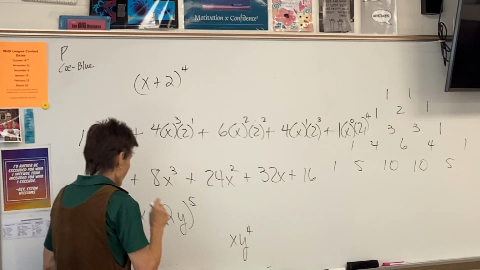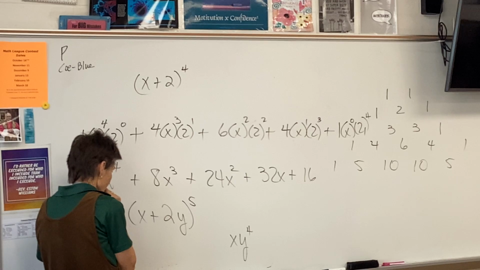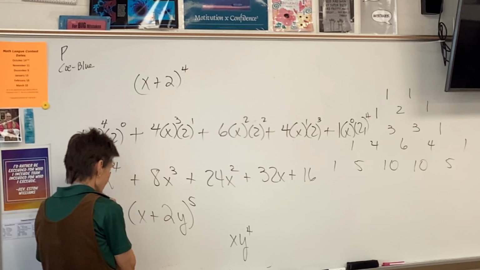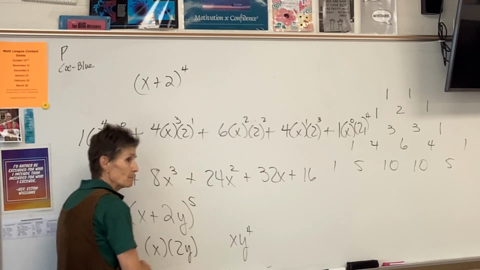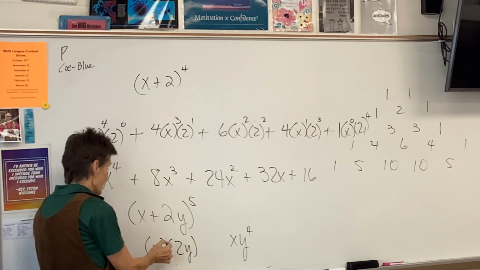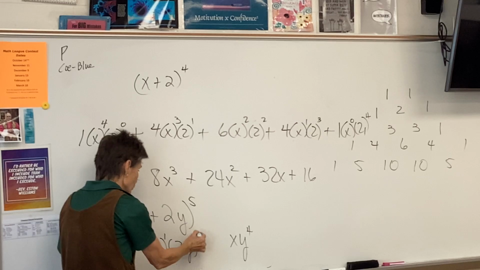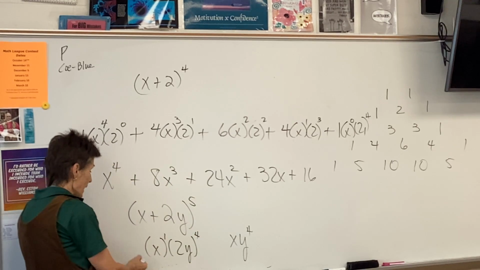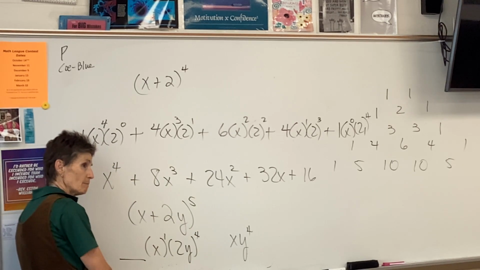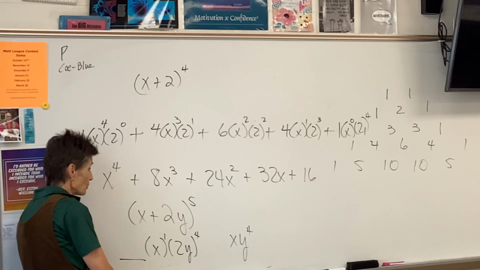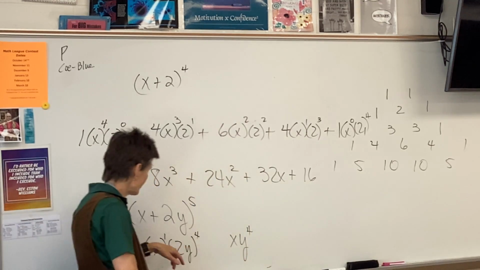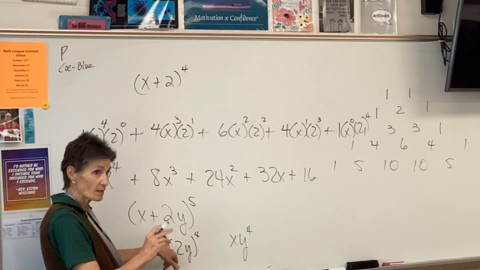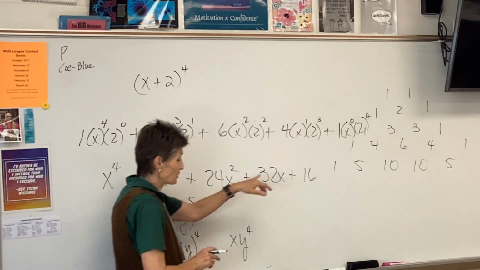Now remember that the two pieces of this thing are x and 2y. And our x is 1 and our 2y is 4. I need that coefficient out there. So it's going to come from the 5th row. If the power on the x is just 1, which term do I want?